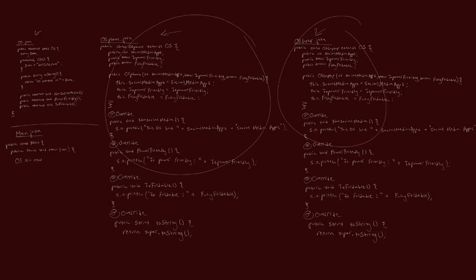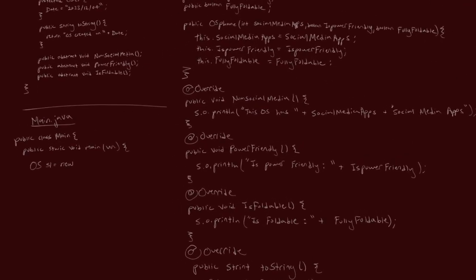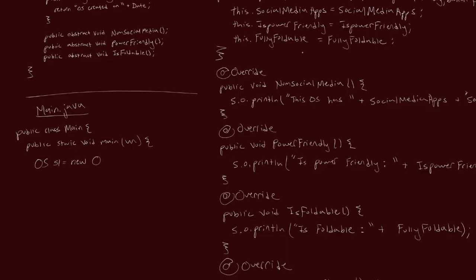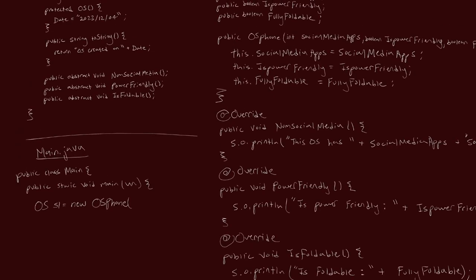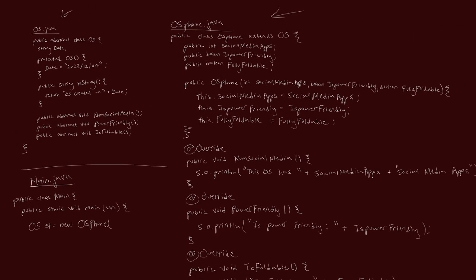So this one or this one. So let's start with the phone one. So equals new OS phone. For social media apps, let's say it's 345. Is power friendly? Let's go with false. And is it fully foldable? Let's go with false. Okay, so that's our first one done.